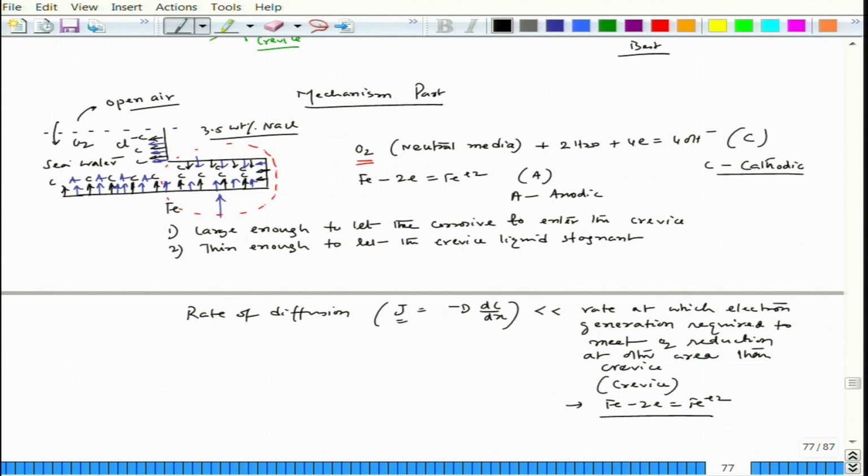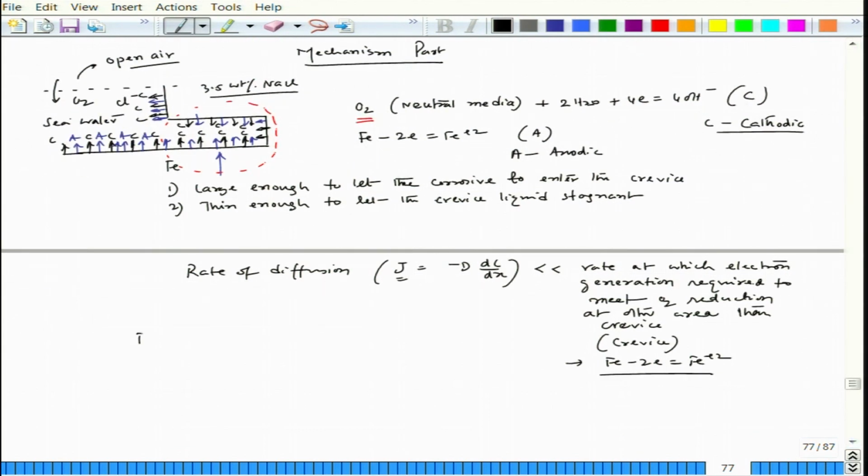So, we have a situation like bulk cathode, oxygen reduction, and crevice, which is small, and this is the large part, large cathode, and the crevice is a small part that becomes preferentially anode to meet the requirement for the oxygen reduction process.